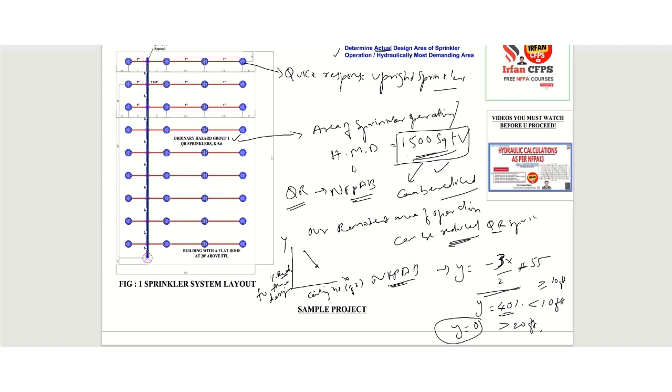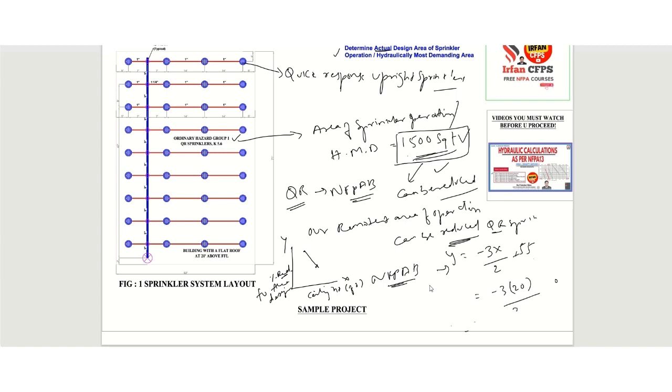So in our case, since the ceiling height is exactly 20 feet, the formula will be y equals minus 3x by 2 plus 55. So minus 3 into x, which is 20 feet, divided by 2, plus 55.